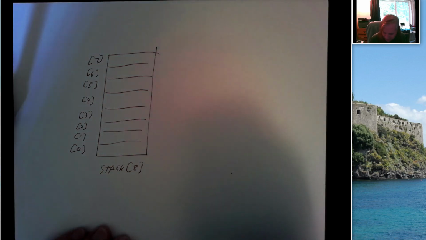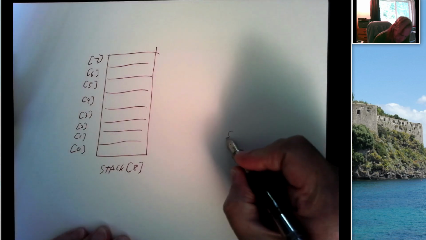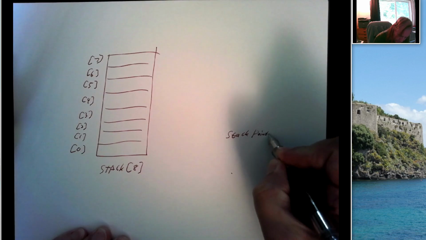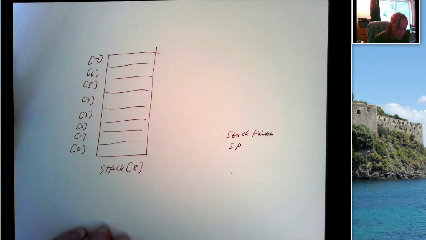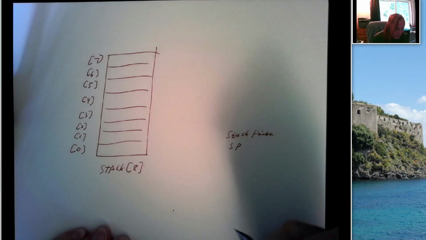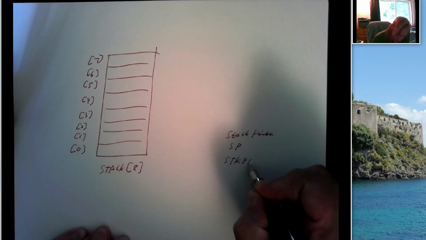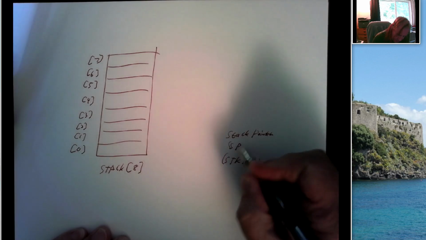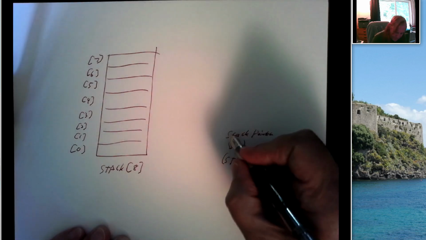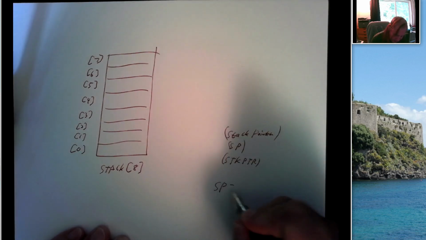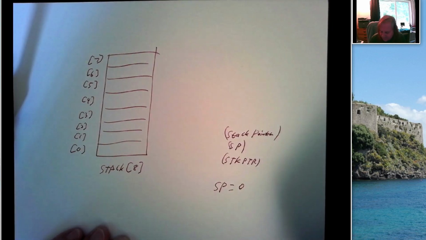So we're going to use something called a stack pointer. You'll often see this just written as SP, but on the PIC processor, it's actually called STKPTR. So we can use any of these names. And we're going to initialize our stack pointer to 0.